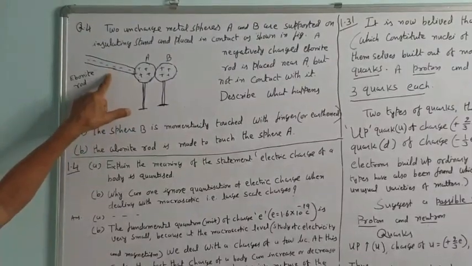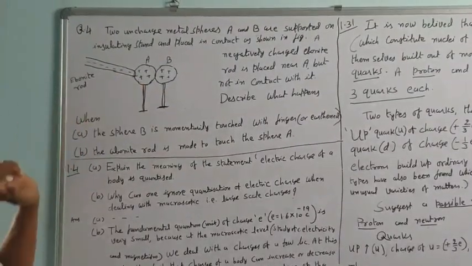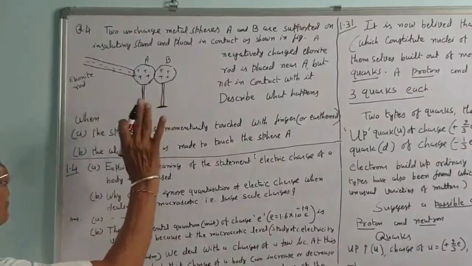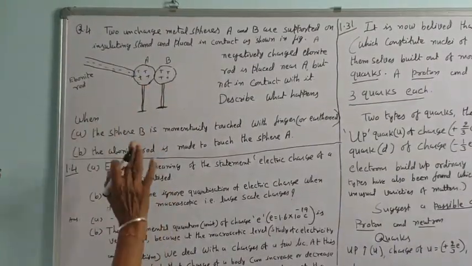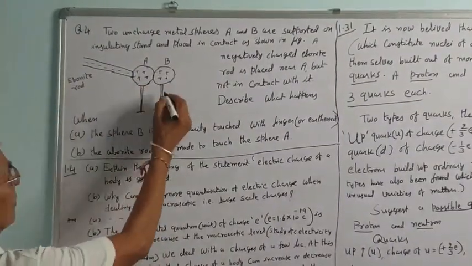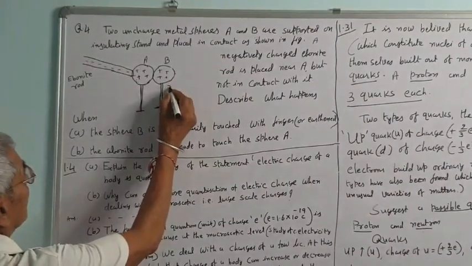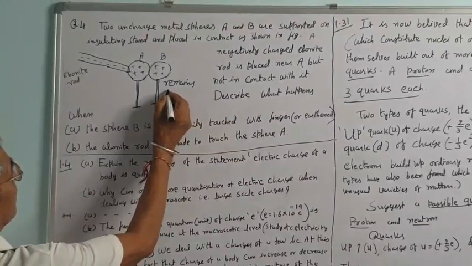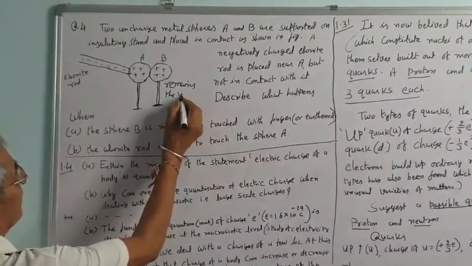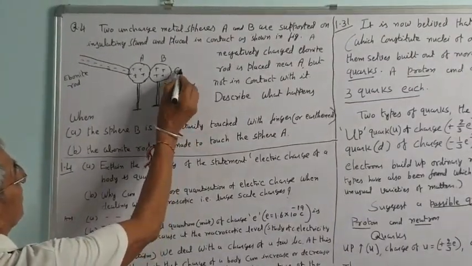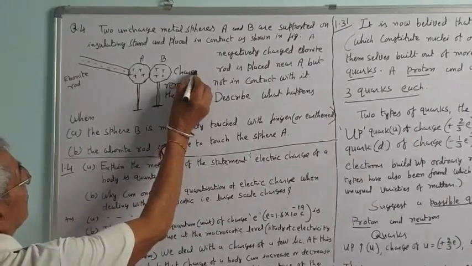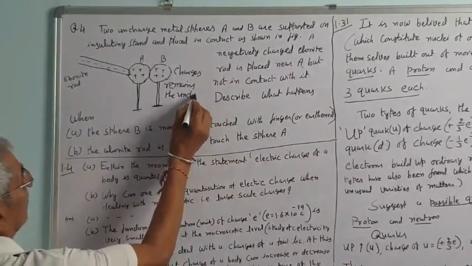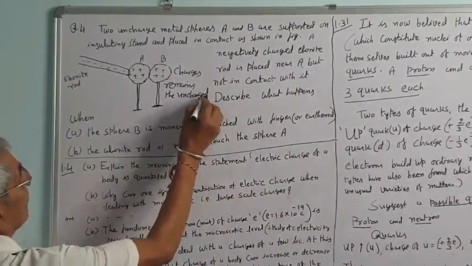Negative charges won't flow from ebonite to A or B. Otherwise it would neutralize, but it won't happen. The charge remains the same. It won't change. Remains unchanged.